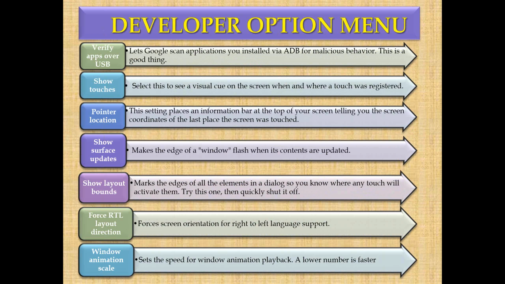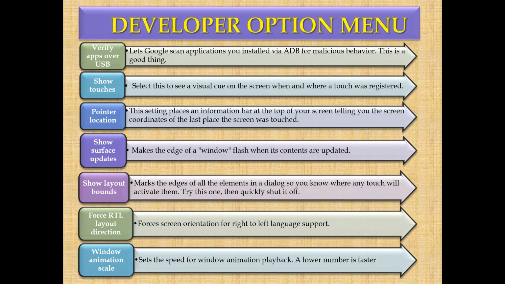So window animation scale, it sets the speed for window animation playback. For example, even if you guys are just users, you're playing some game that you downloaded on your device, and your game is not really working well, so some lagging or pixelization or whatever it is.